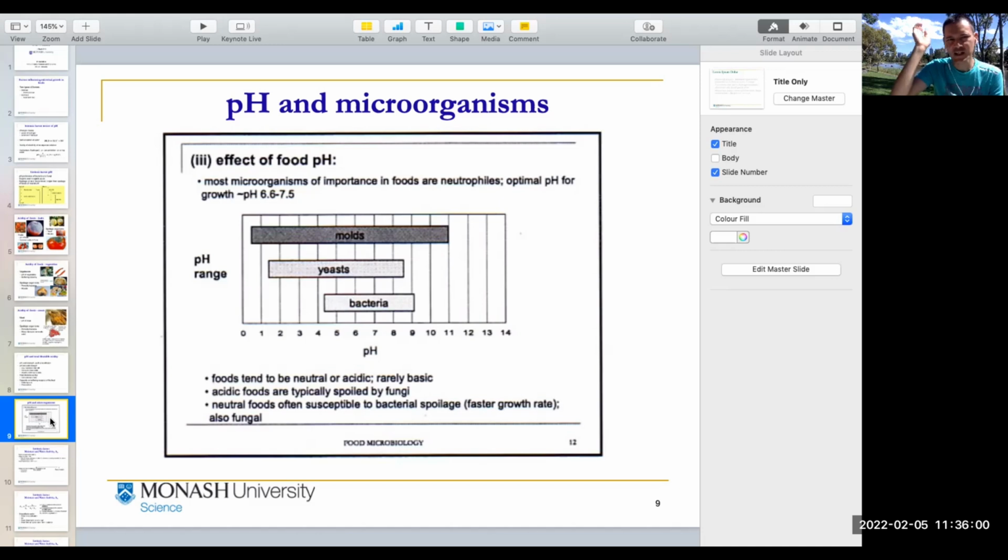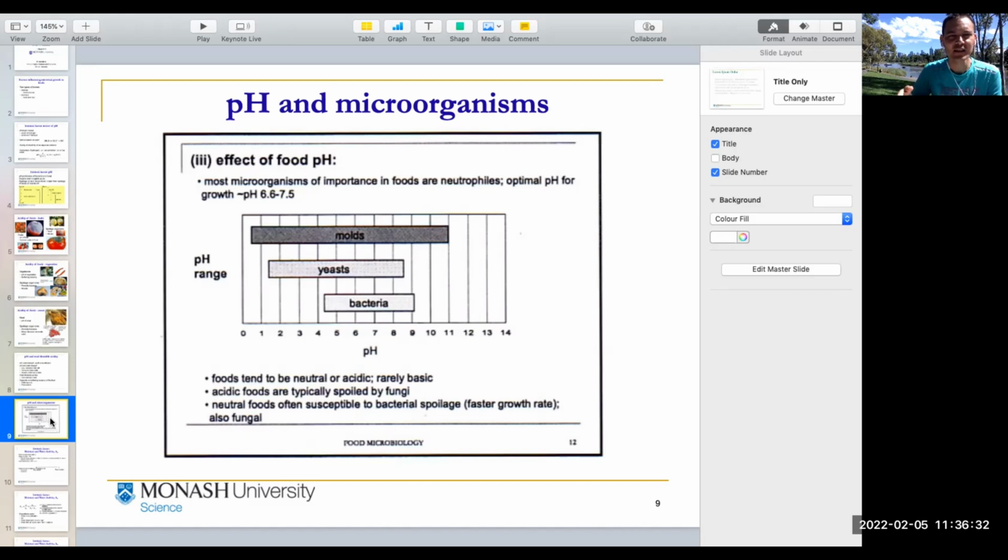So foods that have a pH around neutrality will tend to be spoiled quickly, and will tend to be spoiled by bacteria. And by reducing the pH of those foods, we make it difficult or impossible for bacteria to grow, but we then open up the food to spoilage by fungi, so yeast and mold.